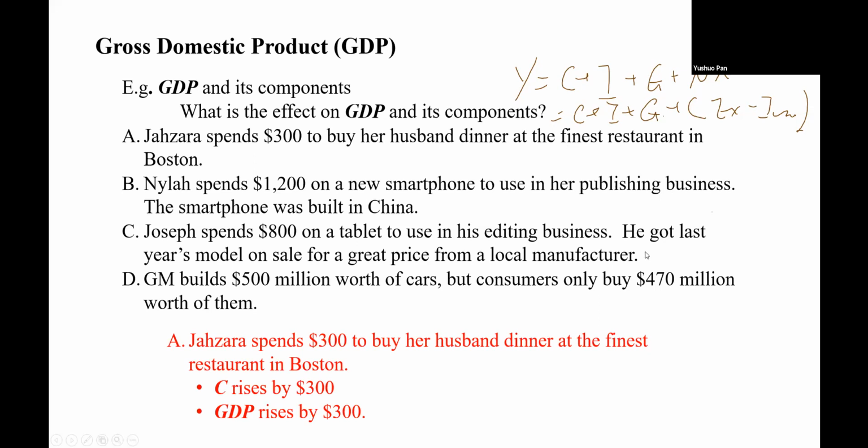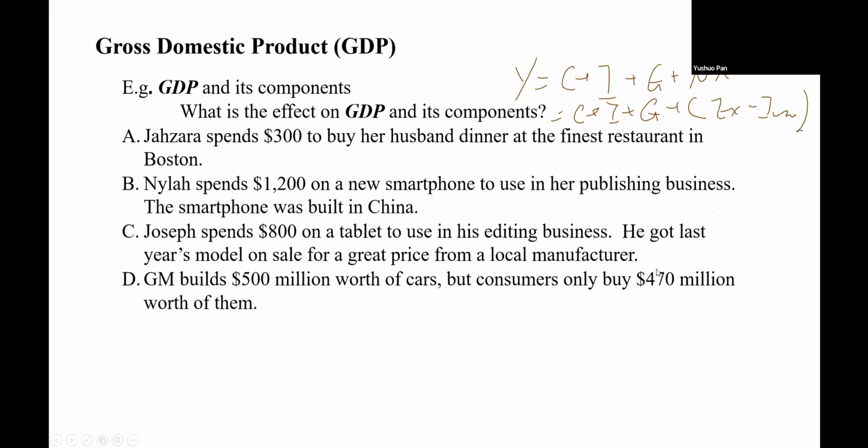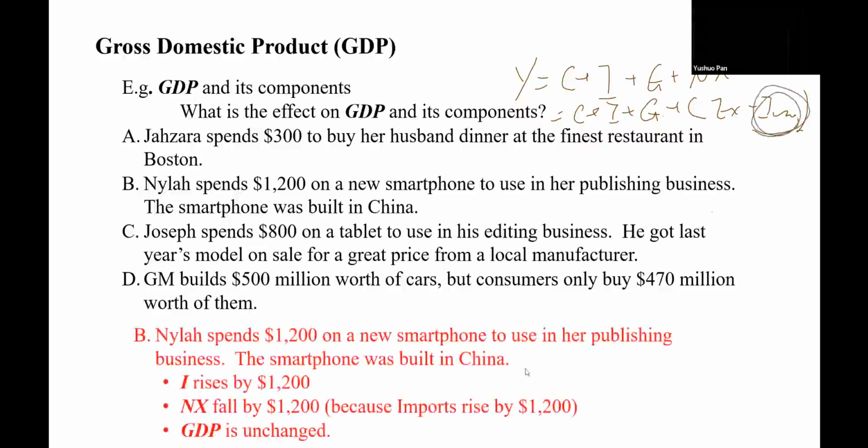Let's see the second one. What part increases or decreases? What happened? In this case, the investment increases because I need to use this equipment for more production for the business. So that counts as investment. Investment increased by $1,200. But since that product was produced or built by China, that counts as import.